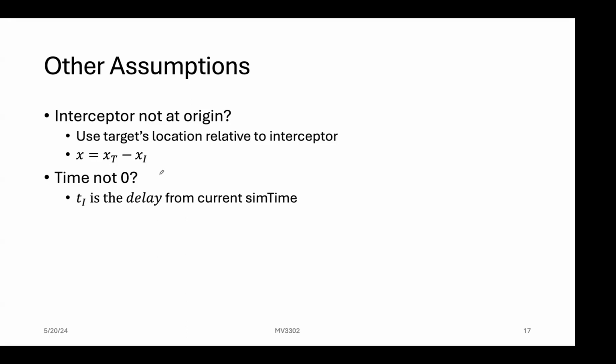And since our basic operation is to schedule an event a certain amount of time in the future, then what we have computed is the delay from the current sim time. So if we were to move to that, then that would be the delay from the current sim time. So the fact that we assumed it took place at 0 is completely without any loss of generality.